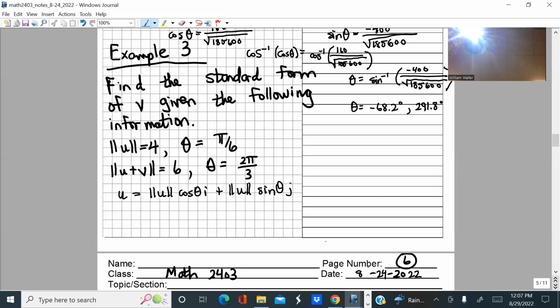Well, they gave you the magnitude and they gave you the direction, pi over 6. So you can fill in everything in this equation. So we do completely know the vector u.